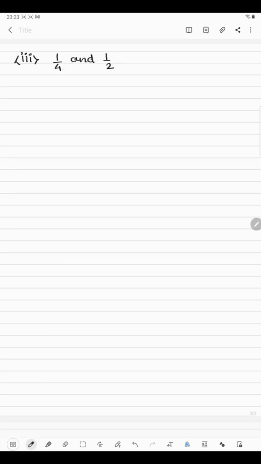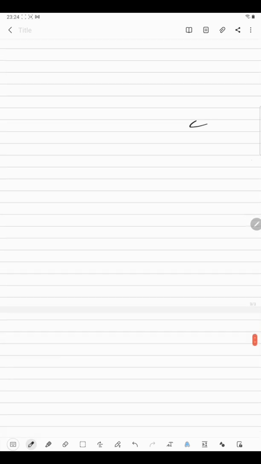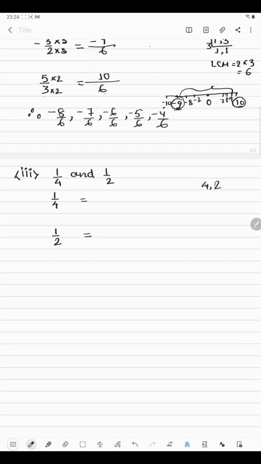Now in the next question we have 1 by 4 and 1 by 2, and we will have to write 5 rational numbers. So again we will write 1 by 4 and 1 by 2, and then we will find the LCM of 4 and 2, which is 2 2s are 4, 2 1s are 2, 2 1s are 2.